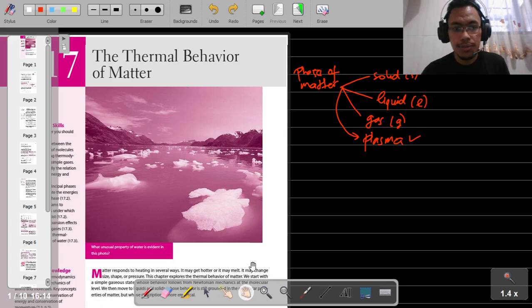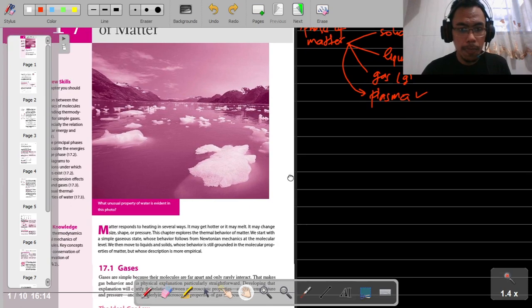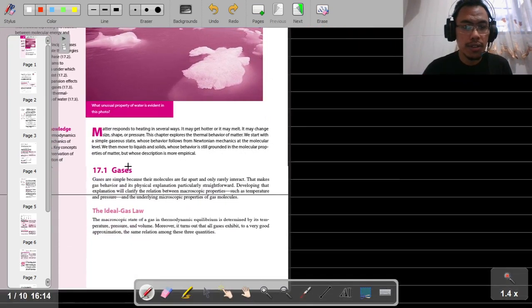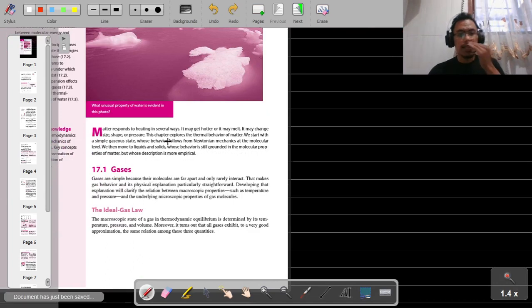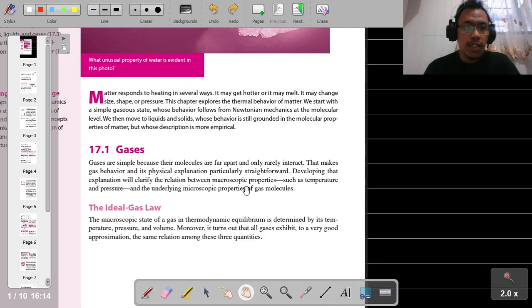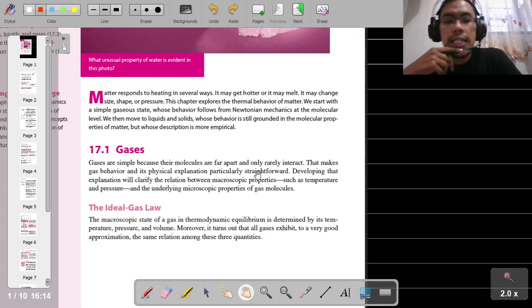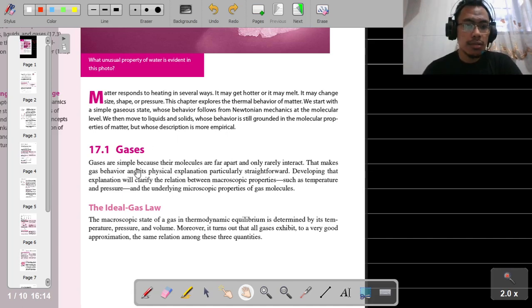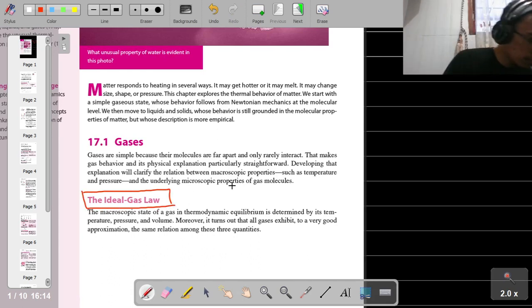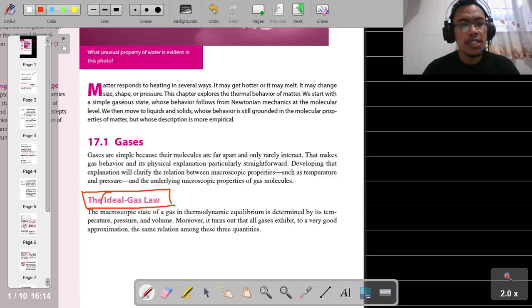Okay, so let's talk about the first matter. We are going to learn about gas. In the concept of thermodynamics, we know something called the ideal gas law. So there is the word ideal here.